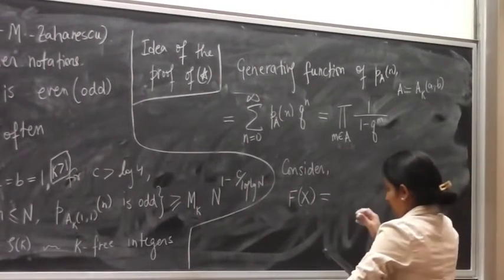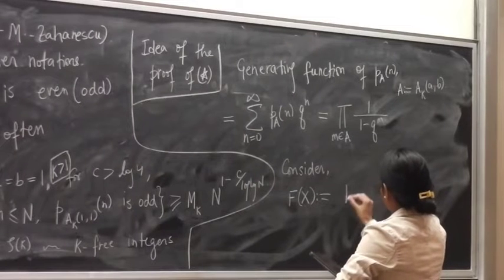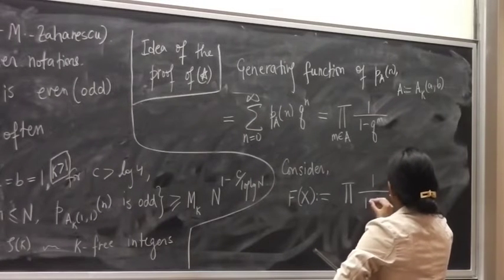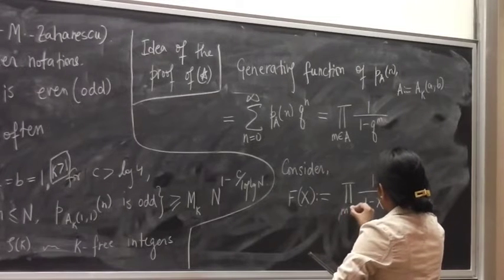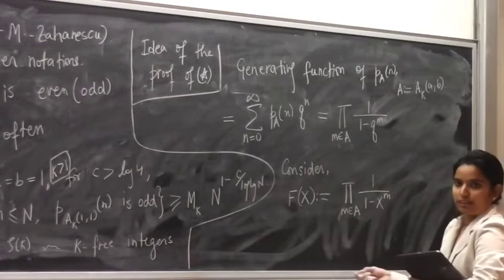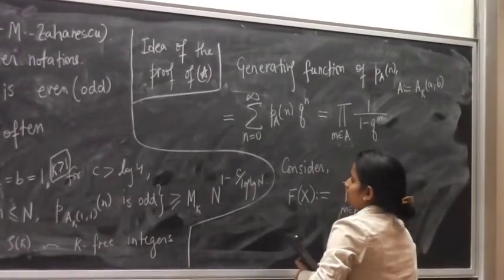So define this to be the product of exactly this, 1 minus x to the m, where m is in your set A. Okay?